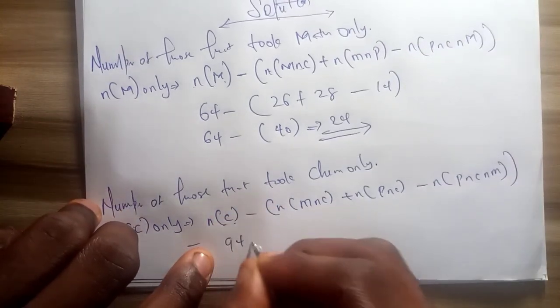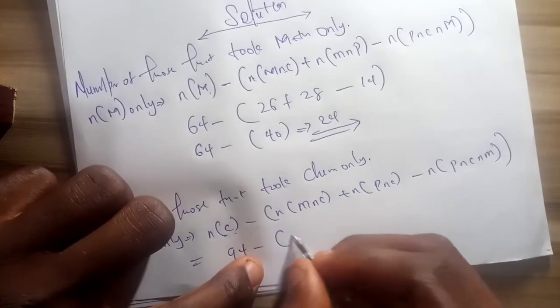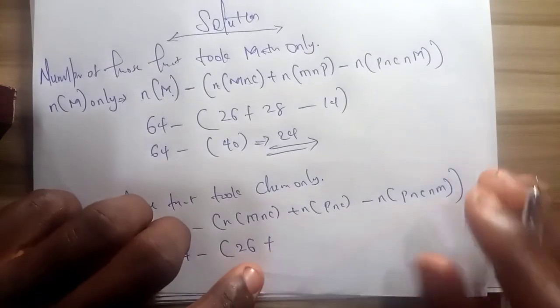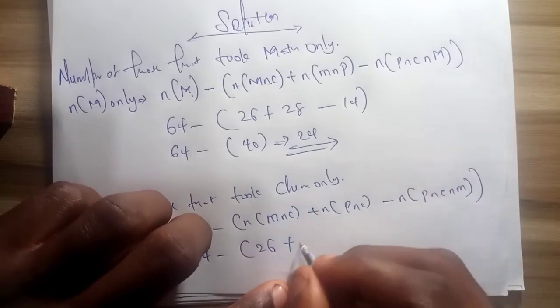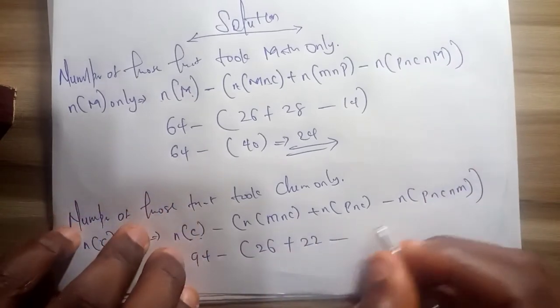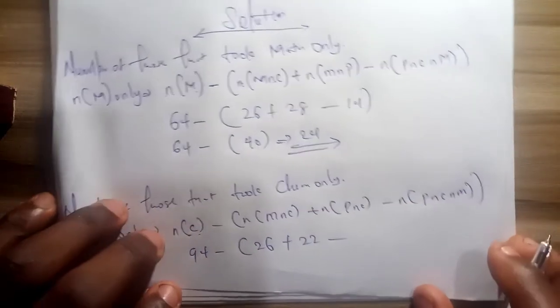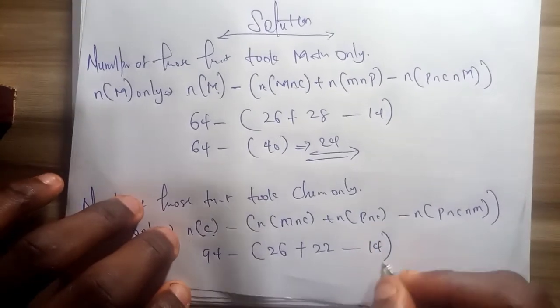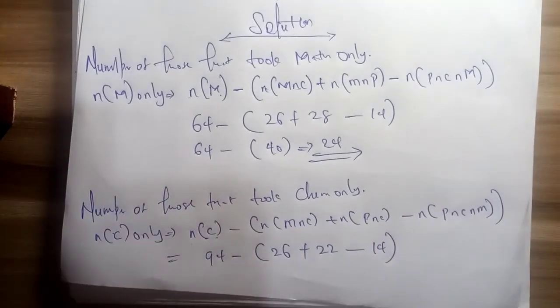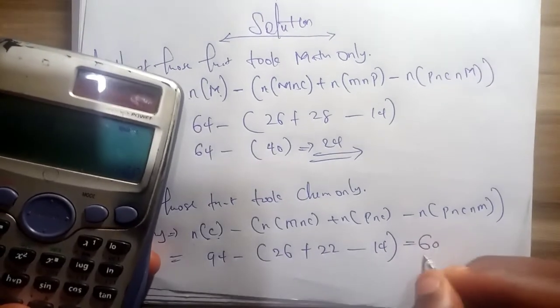We have 94 minus 26 plus 22 minus 14. With that we have 26 plus 22 minus 14, minus 94. That will give you 60.